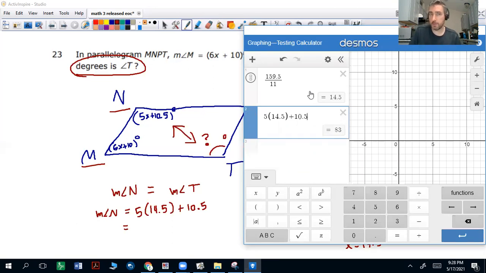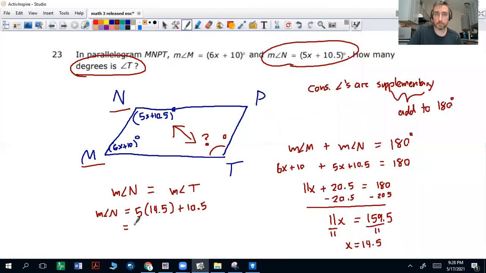Well, that gives us 83 degrees. So that means 83 here and there, because opposite angles are congruent. So the measure of angle N equals the measure of angle T. They are both 83 degrees.